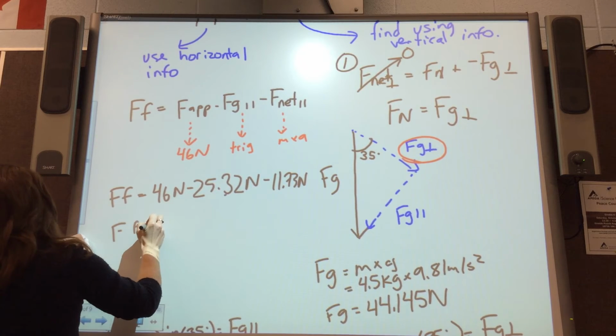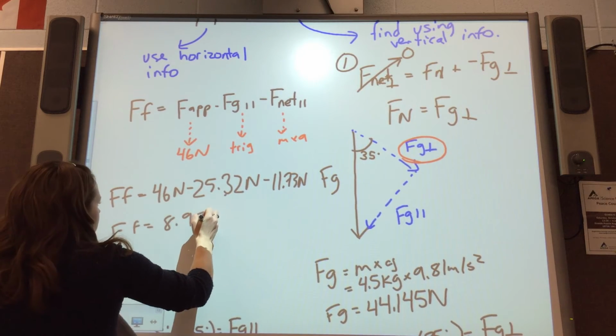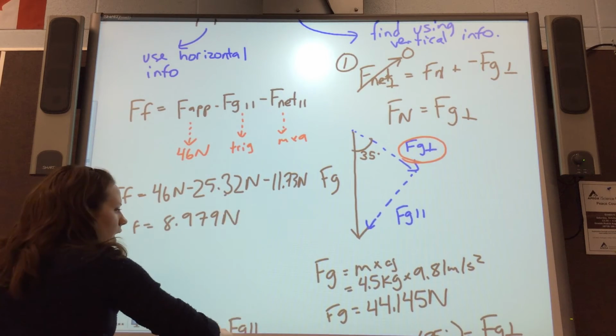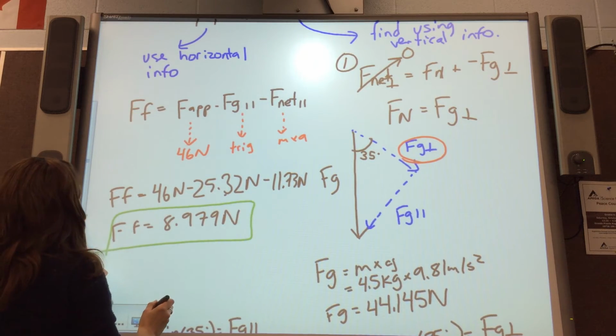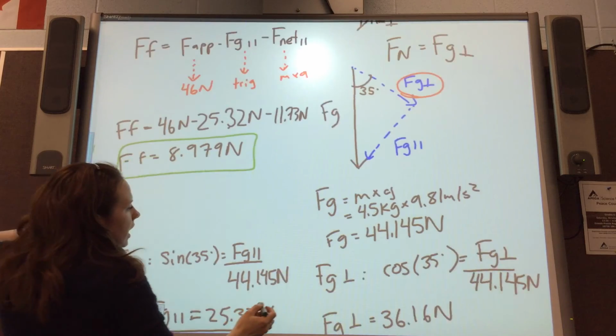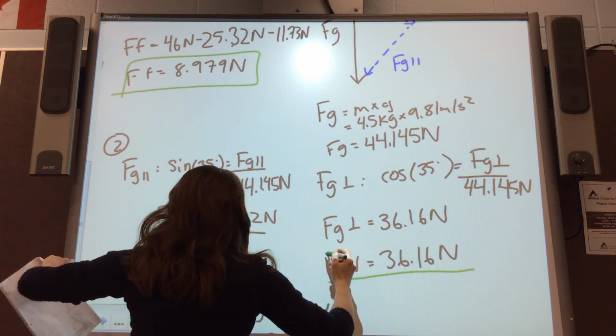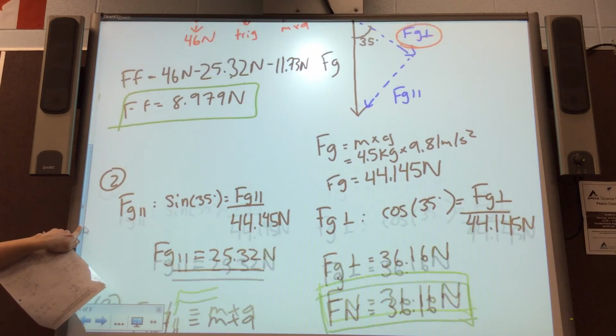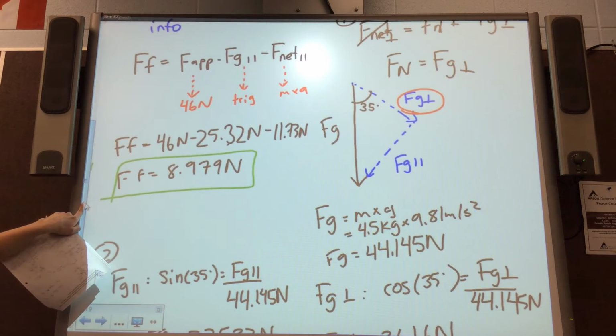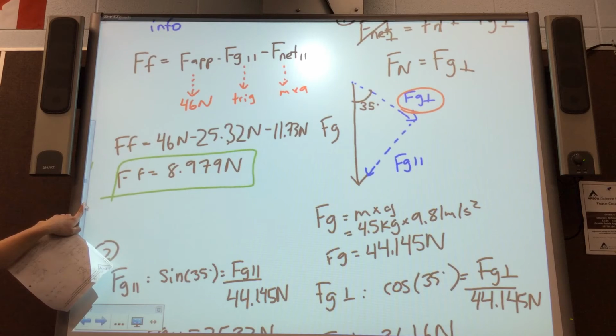So Ff is equal to 8.979 newtons. Okay, so I have my Ff and I have my Fn. Now I can find my coefficient of friction.